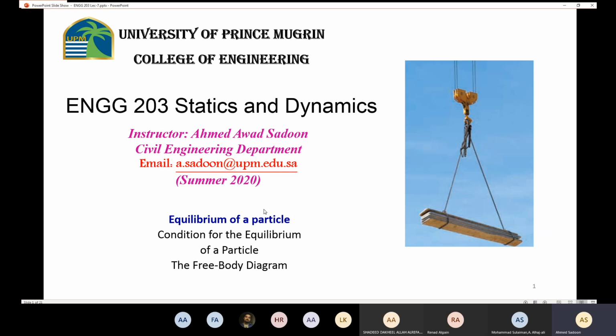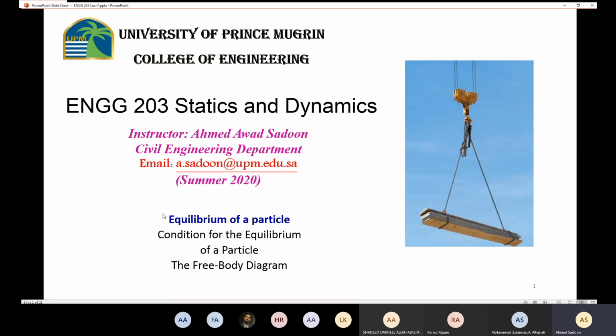We said that the particle is something that has a mass, but it does not have a size. So when we are dealing with a particle, we are going to ignore the size of the particle. We are only going to consider the mass.